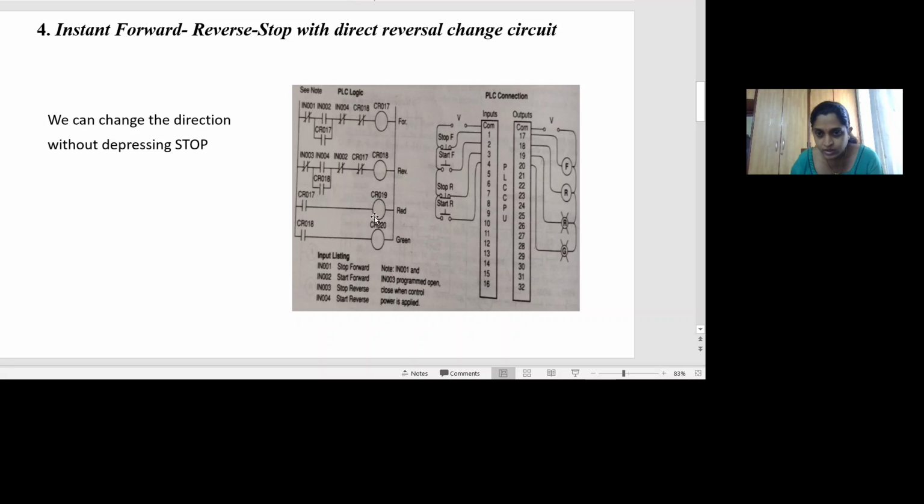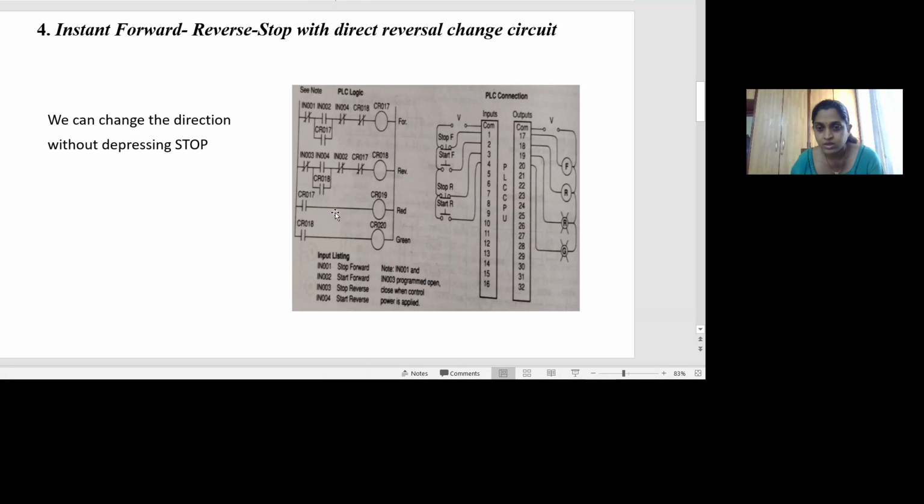Then coming to the pilot lights, we have added an additional thing here compared to your previous example. Here this red LED may be connected to the output coil CR19, and this CR19 is connected in series with the output coil CR17. So when the motor is running in forward direction, the output of the coil CR17 is high, and when this high is applied to this contact, it will close.